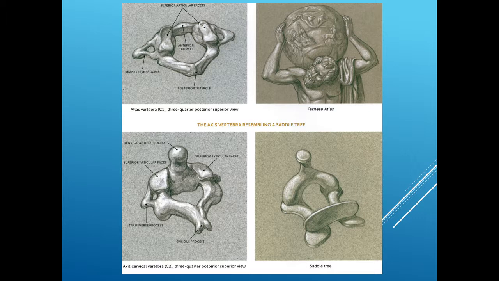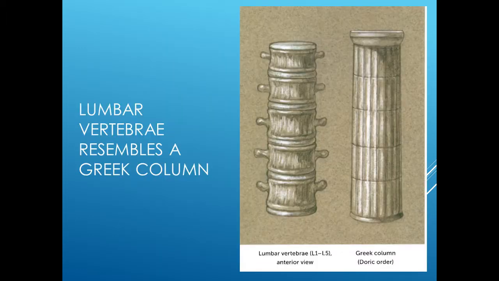All right, the next one is going to be the lumbar vertebrae, which is at the bottom, L1 through L5 here. And if you'll notice, they're much thicker and much larger than the cervical and the thoracic vertebrae. That's because as you get further down, the cervical vertebrae are only holding the weight of our head.